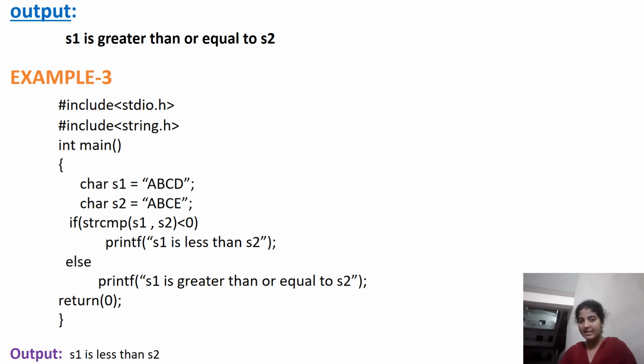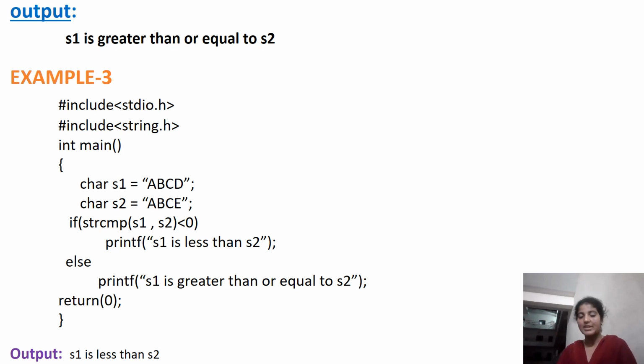And we can see another example regarding this string comparison. Here we used header files and the int main function as it is, and char as a data type, and s1 and s2 as the string names we declared, and some values are assigned to s1 and s2 in a static way. And we enter the if block. In the if block, the string comparison between s1 and s2 is less than 0.